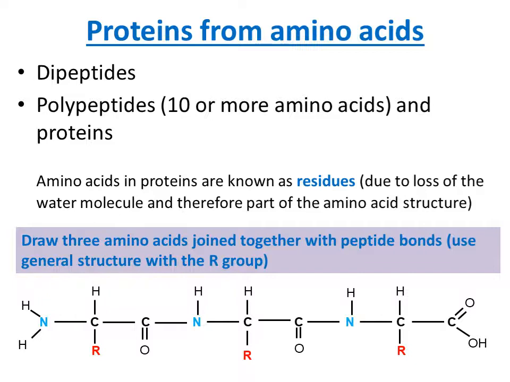And we can also then identify the peptide bond, which is there. I've highlighted it in pink, between the carbon and the nitrogen. So whenever I draw one of these molecules, I always draw it in that order. And that would apply for a dipeptide or anything even bigger, such as this tripeptide.